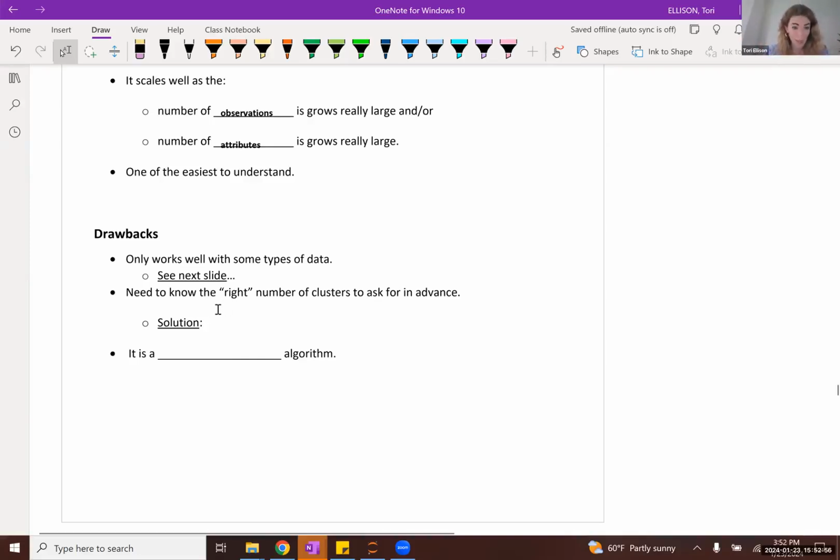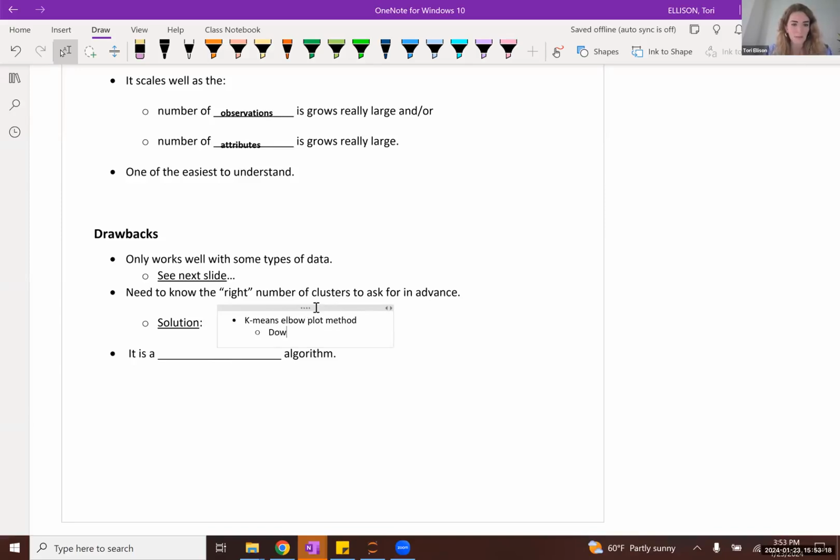So one potential solution that we introduce for determining the right number of clusters is to look at the k-means clustering, I'll just say the k-means elbow plot method.